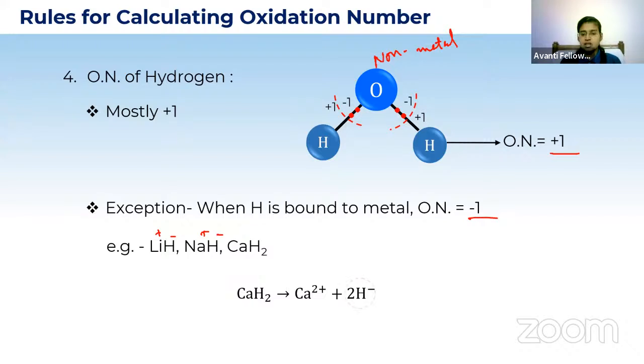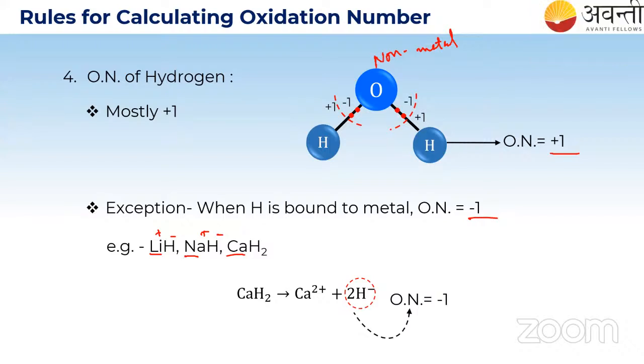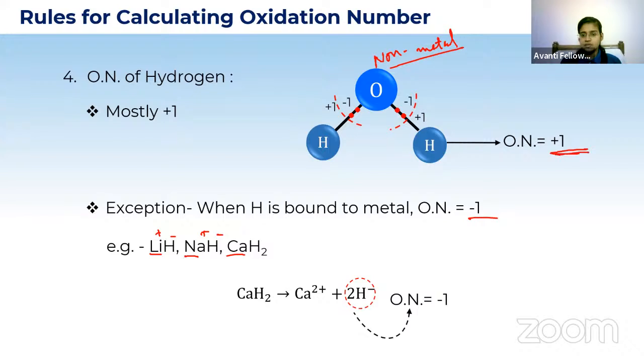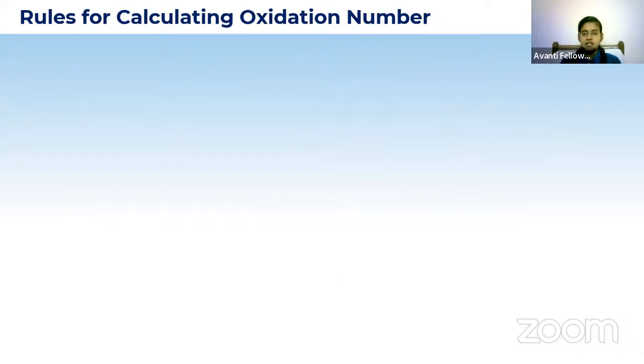So in all these cases, hydrogen takes the oxidation number of -1. Lithium, sodium, calcium, all these are metals. When hydrogen is bonded to a metal, its oxidation number is -1. When it is bonded with a non-metal, the oxidation number is +1. Clear?